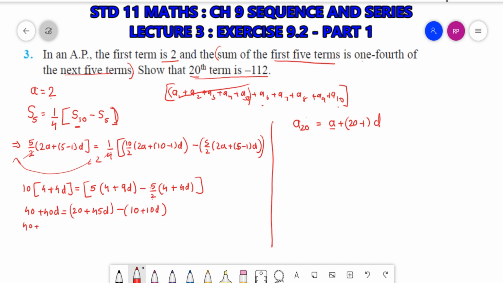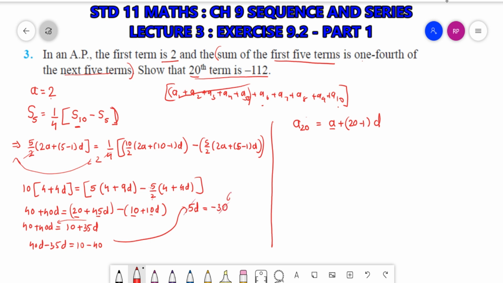So 40 plus 40d is equal to 20 minus 10, 10, 45 minus 10, 35. Okay, so when it goes on this side, 40d minus 35d is equal to 10 minus 40. Okay, so 40d minus 35d, that is 5d, and 10 minus 40, that is minus 30.